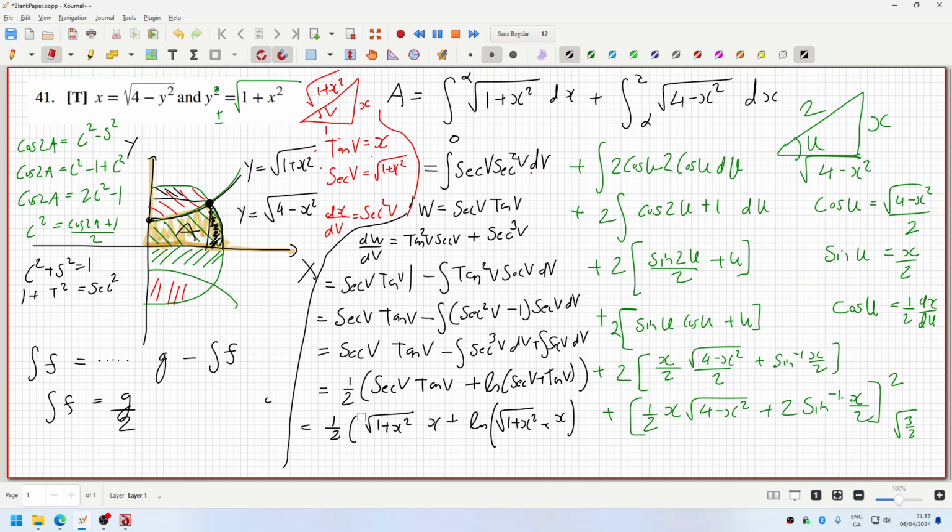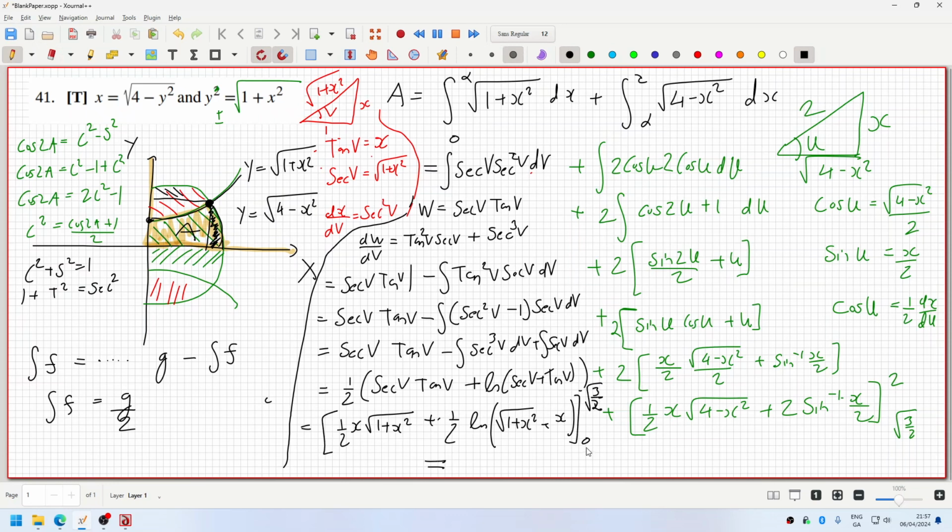Okay, so if I multiply in the half, that's a half times x times root 1 plus x squared plus a half times the log, and then I'll put in the limits, and this one is 0 to alpha. Okay, and alpha is root 3 over 2.